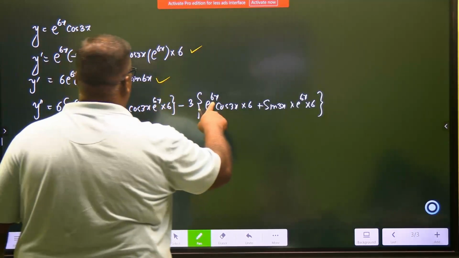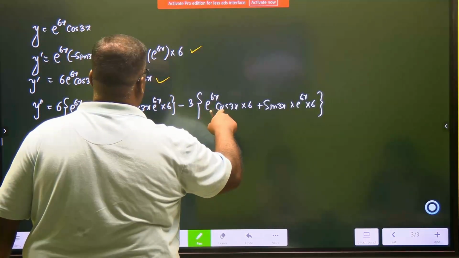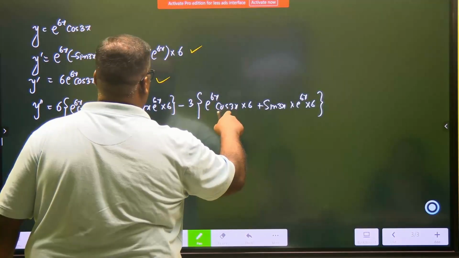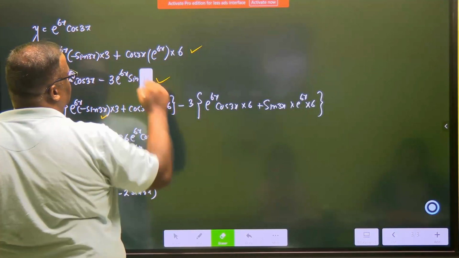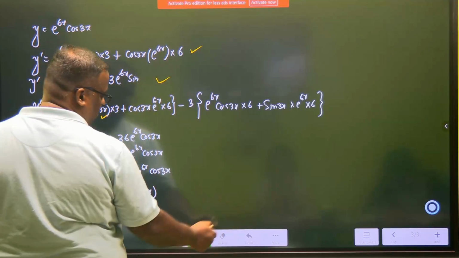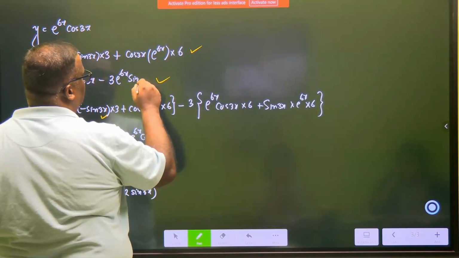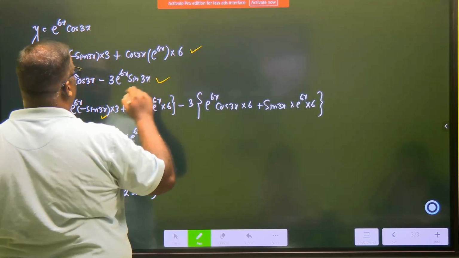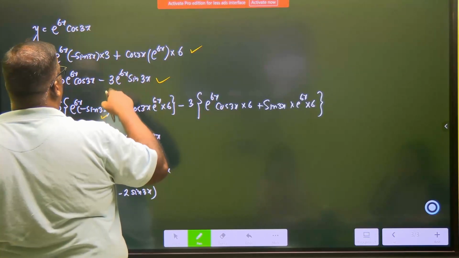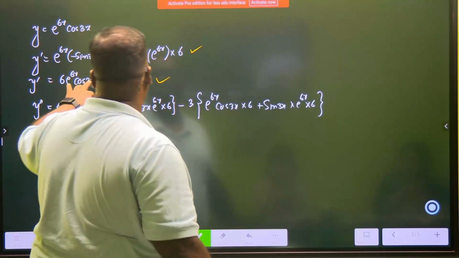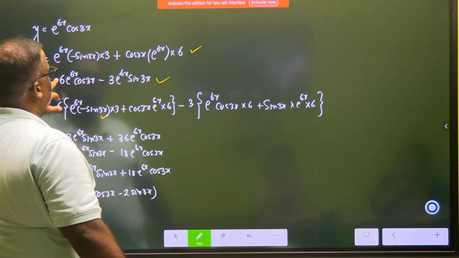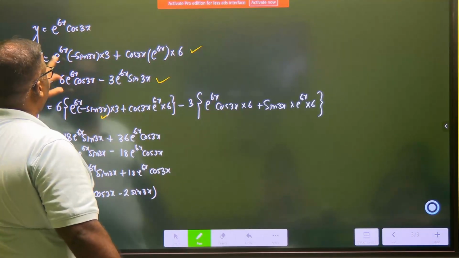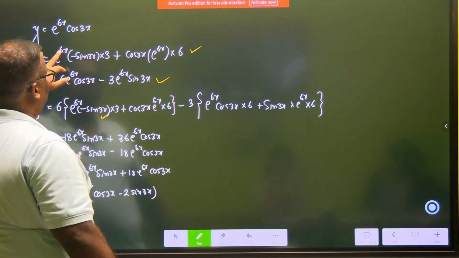Minus 3 e to the power 6x into sine 3x. One minute. Y prime is 6 cos 3x minus 3 e to the power something. Okay, fine.